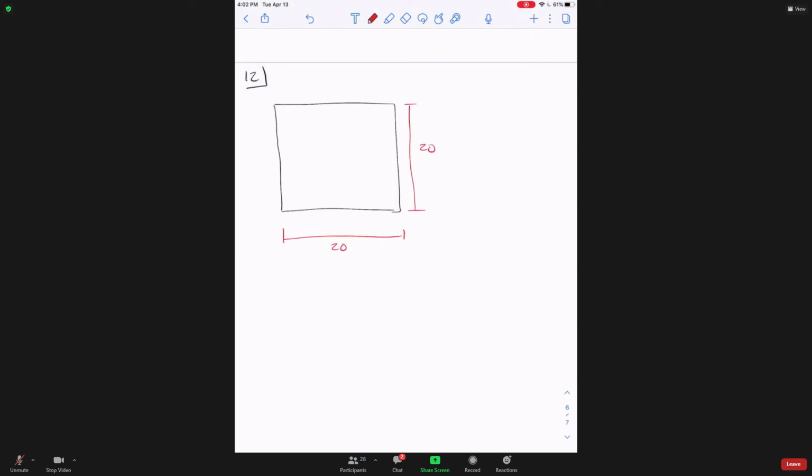You're trying to use this cardboard and create a box. And the way you're going to create a box is you're going to cut out square corners. And when you cut out square corners, you're going to have a base here.